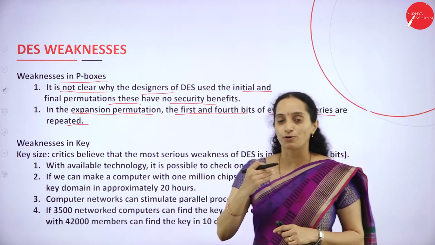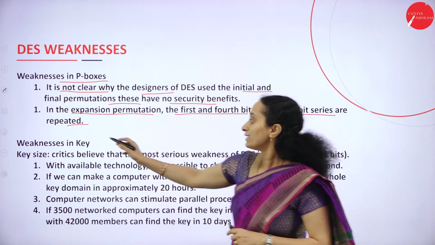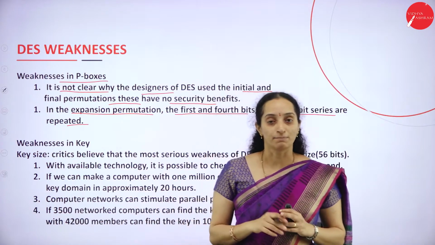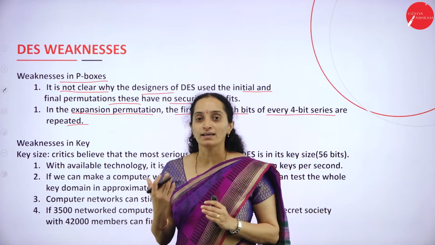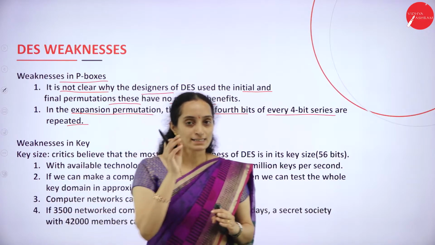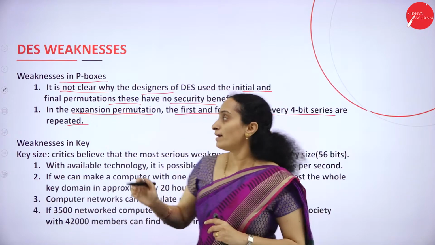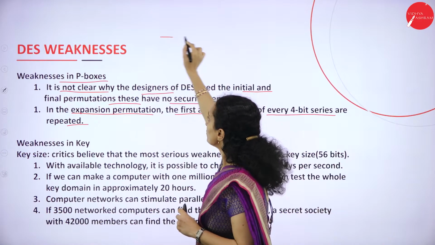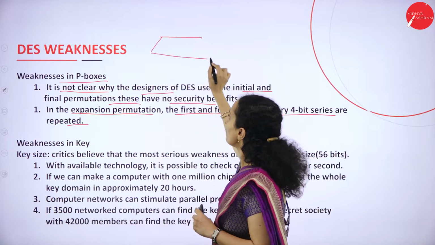If you are getting 4-bit inputs, the bits get repeated in the output. With 4 bits in and 6 bits out, the same bit will be directed towards the same output.